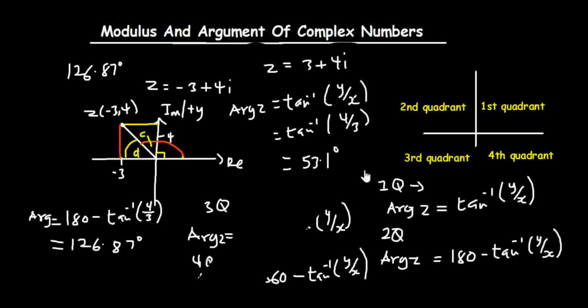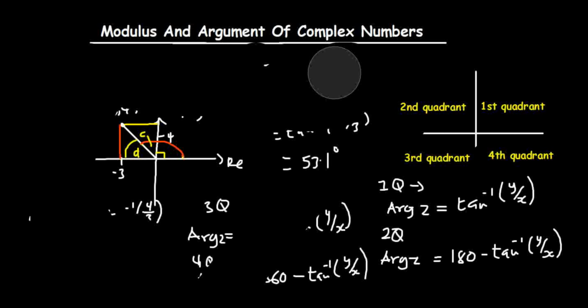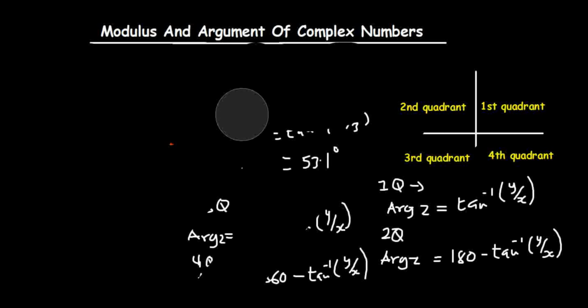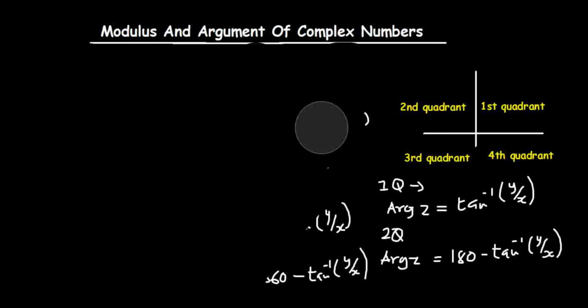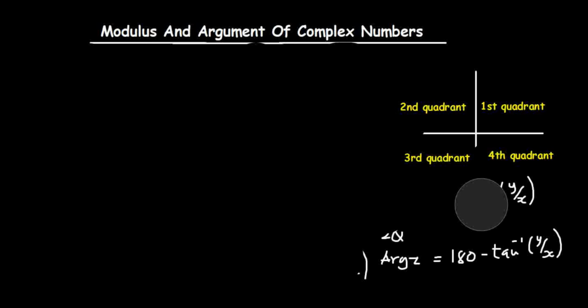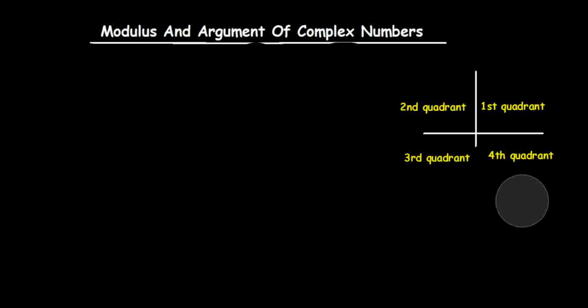So let's say you want your answers to be in radians form. Let's look at how that is going to be. If you want your answers in radians form, it's that same formula, but we are converting the value of the argument into radians form, not in degrees any longer.